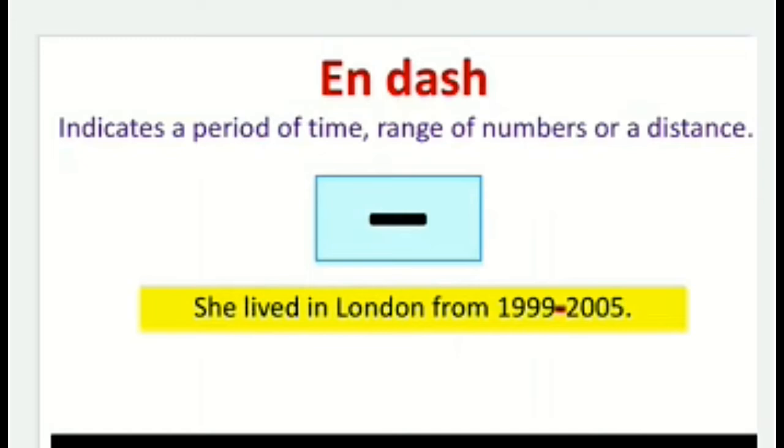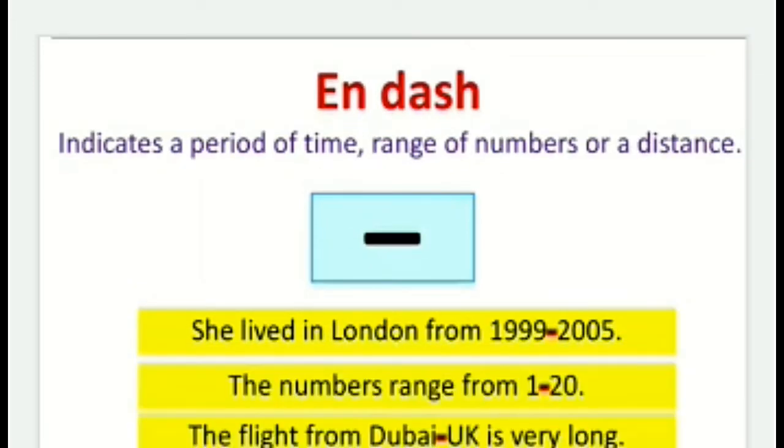For example, "She lived in London from 1999–2005." So for years or a distance we can use the en dash. Another example, "The number range from 1–20." "The flight from Dubai–UK is very long." So the en dash is used for a period of time, range of numbers, or a distance.